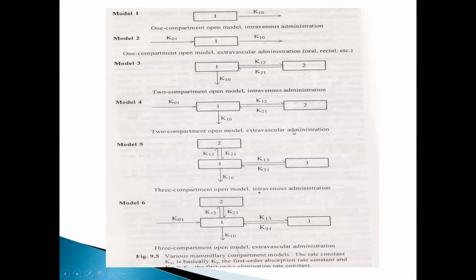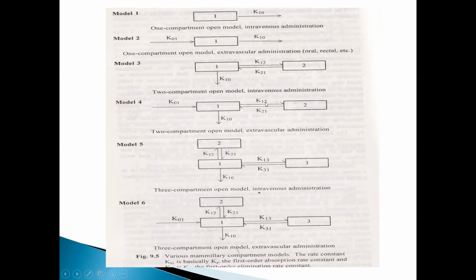So in extravascular administration or oral administration, through any route other than IV route where there is absorption, there is the absorption rate constant K01, which denotes the first order rate constant for movement of drug from outside into the central compartment, denoting the absorption phase.